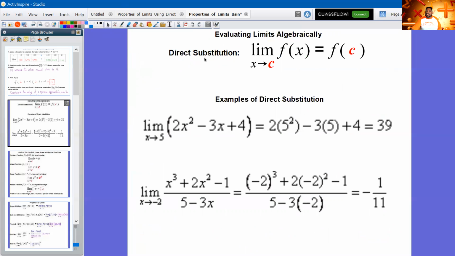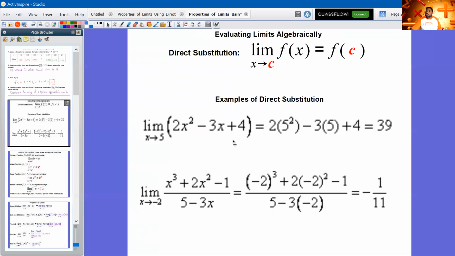So we use a process called direct substitution to evaluate limits of functions as you approach this particular value. So we are denoting the value we are approaching by the letter c. You may see some other conventions like a, but here we can use any symbol we want, but this is the convention for it.